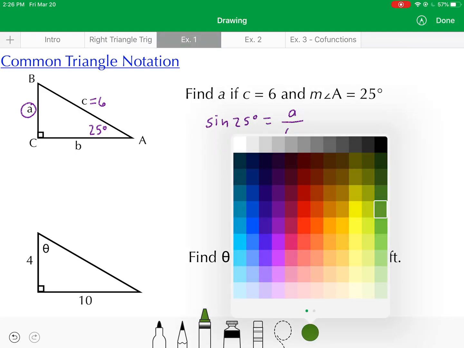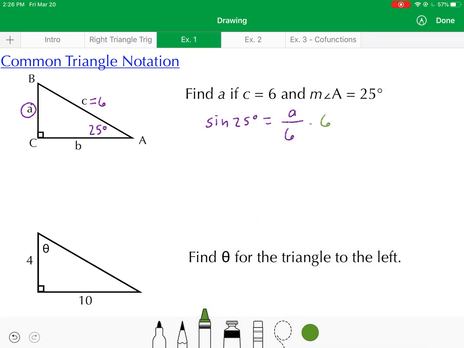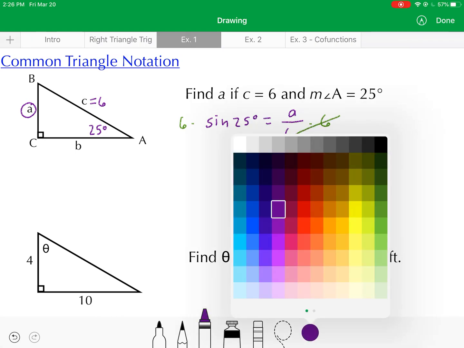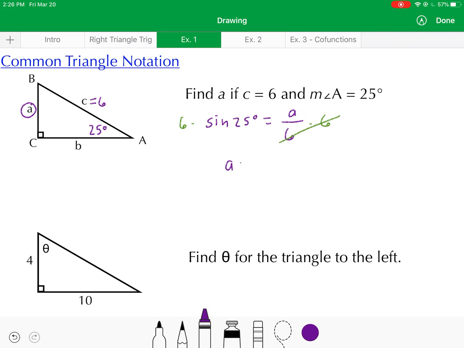And now to solve for a, I just need to multiply both sides by 6. Get those to wipe out, and then this would be calculator work. Make sure your calculator's in degree mode. Let me type it in here. 6 times sine of 25 is 2.54 units approximately.